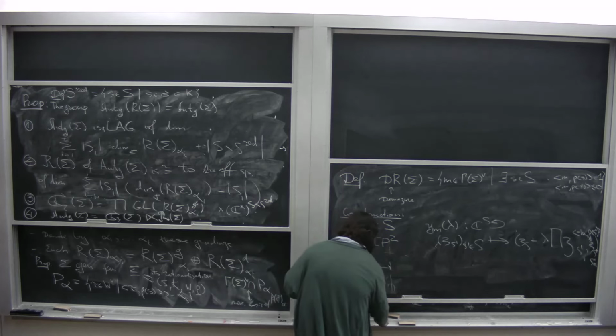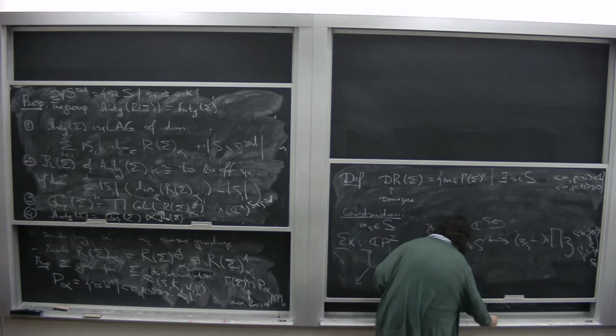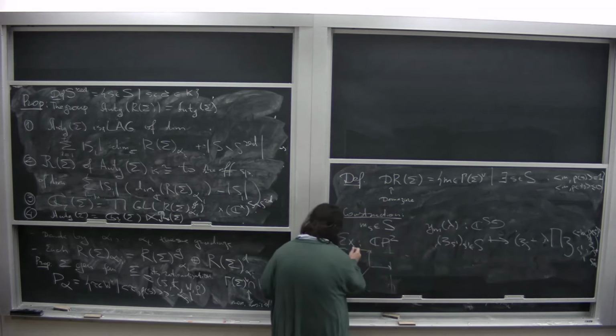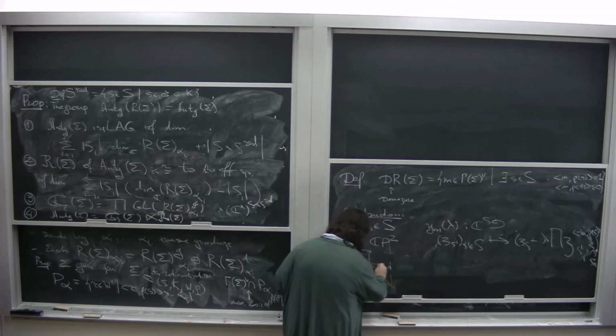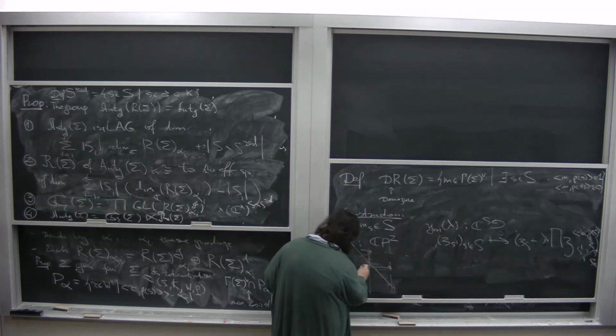And then the condition that something is non-positive gives us half spaces like this.